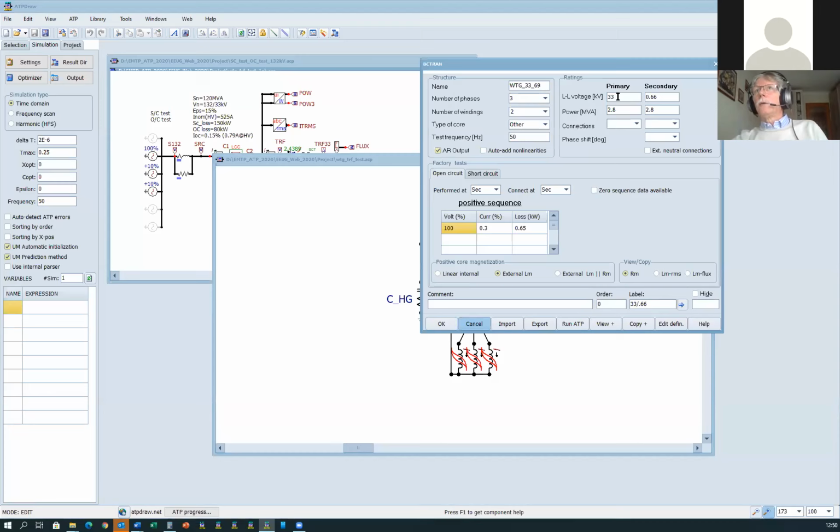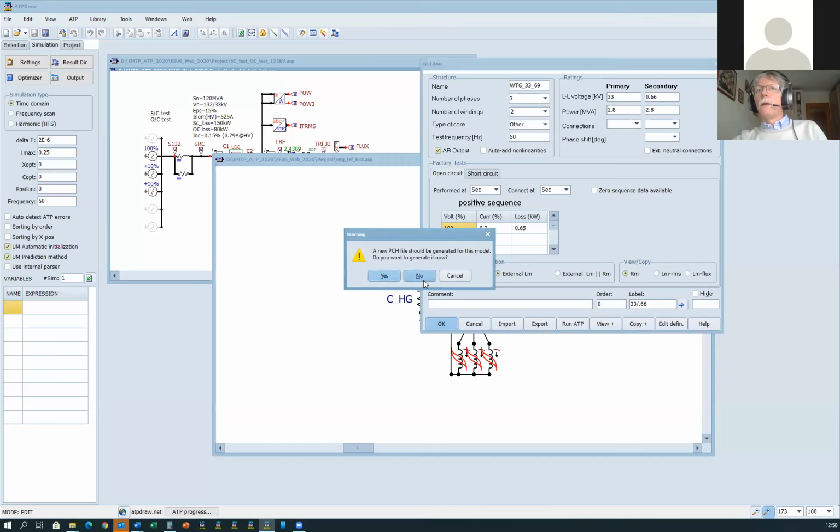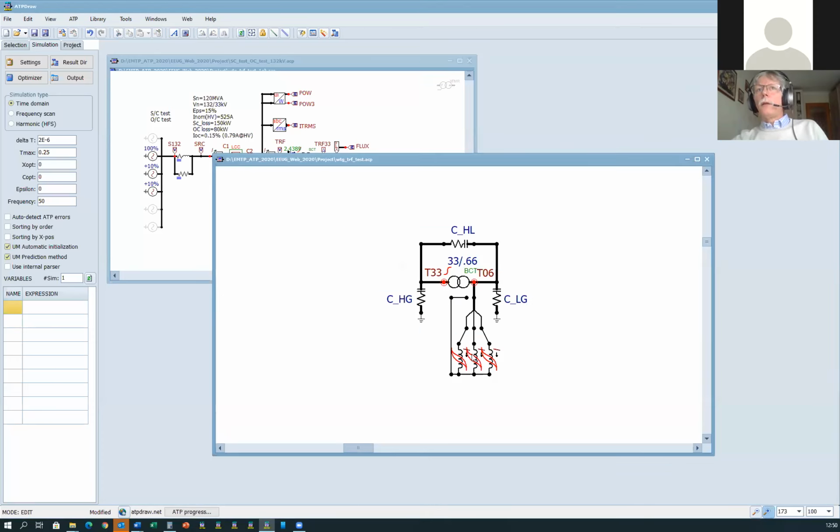We can use the manufacturer data directly. We can connect the nonlinear inductances to the secondary. As you see, sometimes it happens that the program loses the winding connection.